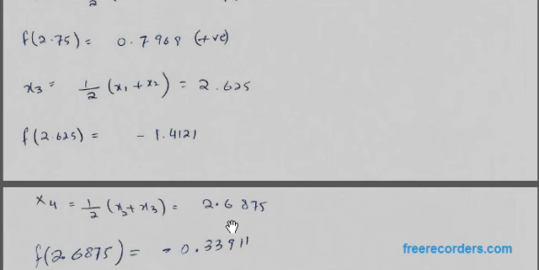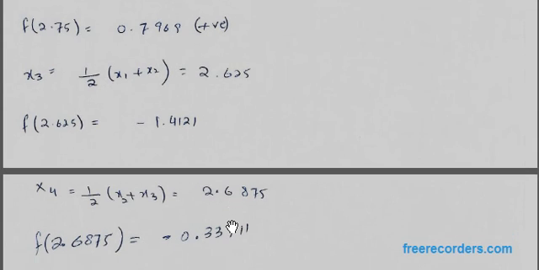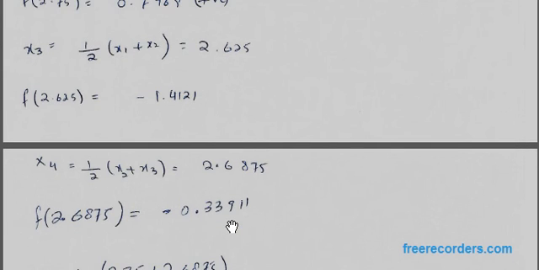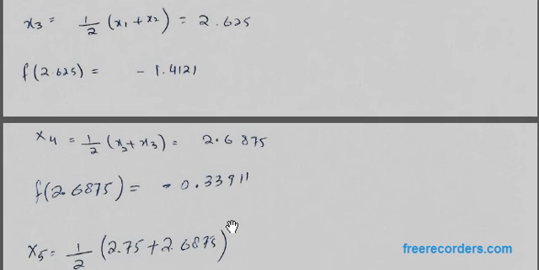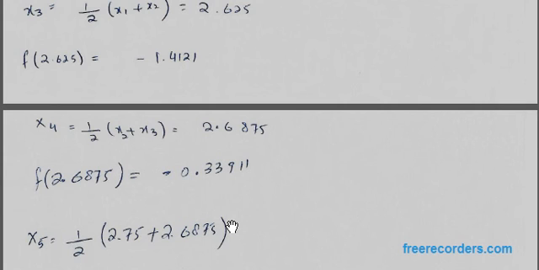At 2.6875 the function comes out with a negative sign, which is 0.33911. As we can see, as we go further and do more iterations, we get closer to 0. So we do two or three more iterations to get the value at which the function is 0.